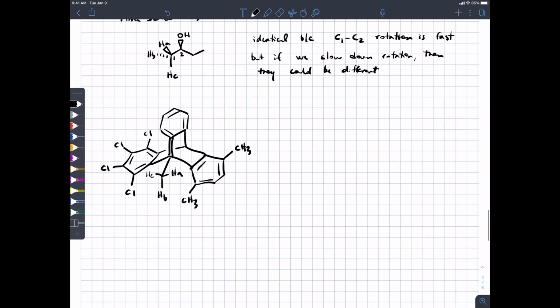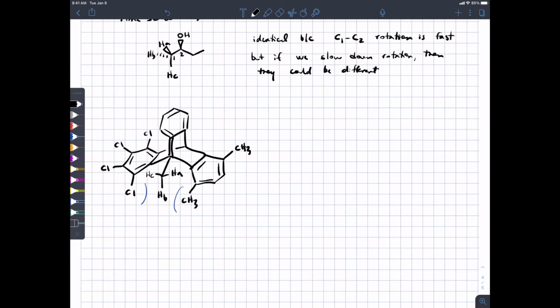And you might imagine if you could build a model that there would be some amount of steric hindrance by those groups on the phenyl rings that could prevent those protons from rotating quite as freely. Ideally, it would be really awesome if they were different at room temperature.